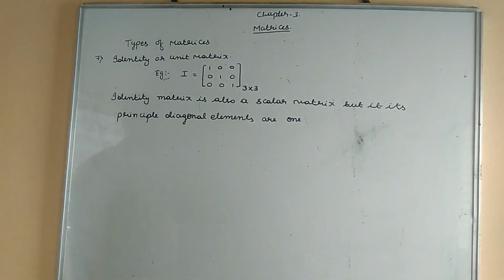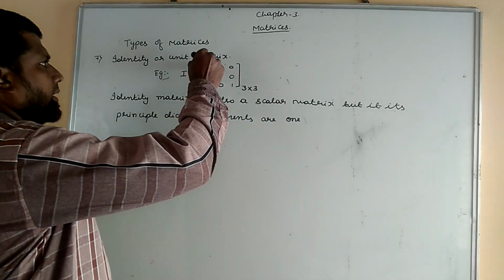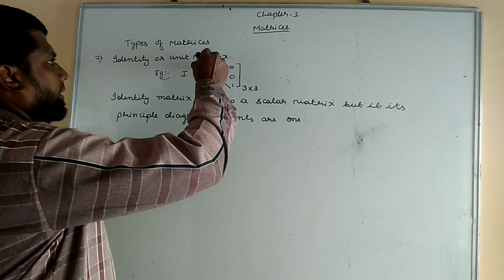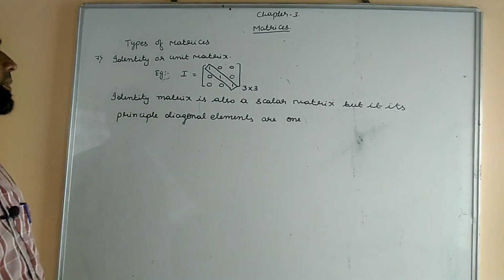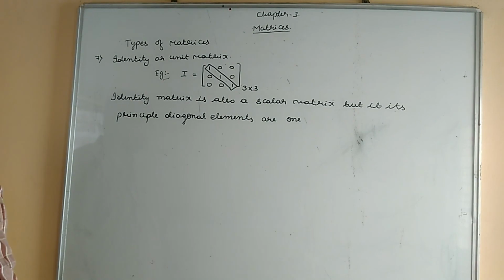In the principal diagonal there will be only 1s, so it is called the unit matrix or identity matrix. It is denoted by I.